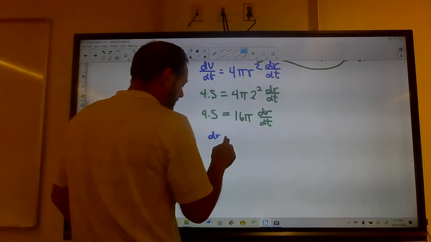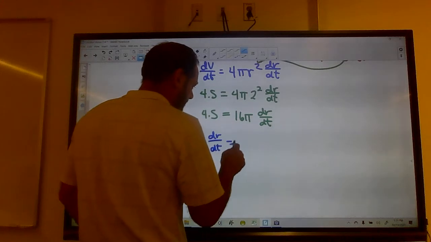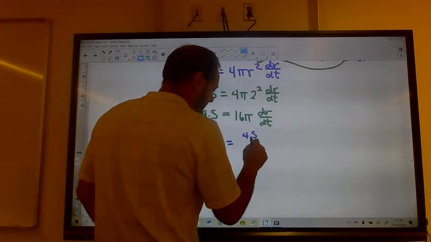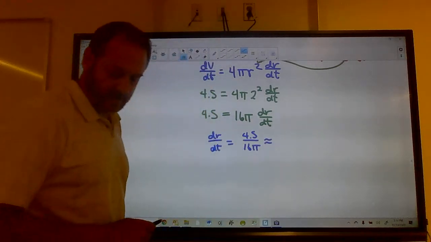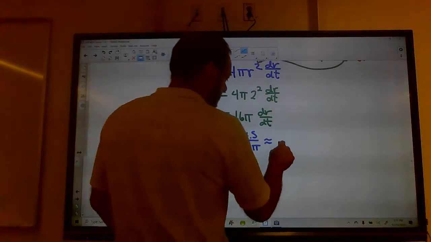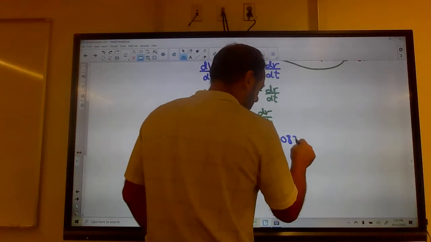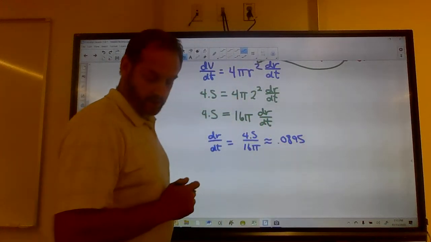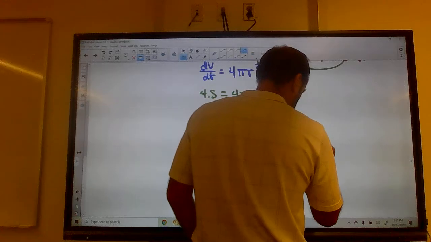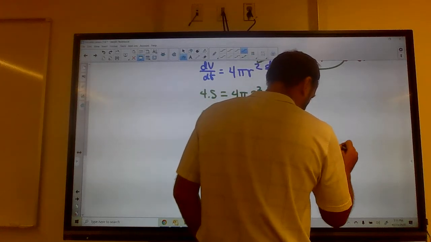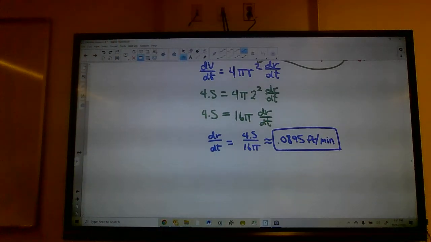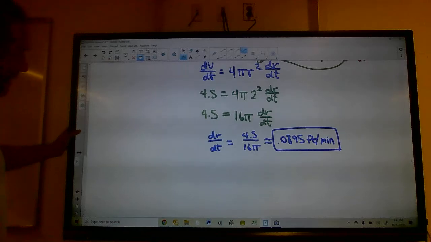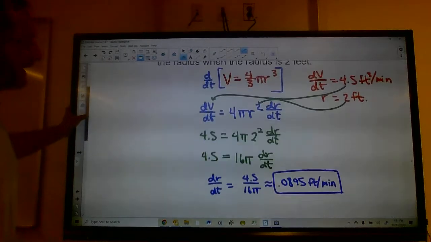So dr/dt is going to be 4.5 divided by 16 pi, which is approximately 0.0895 feet per minute. Okay, so that's the rate that the radius is changing.